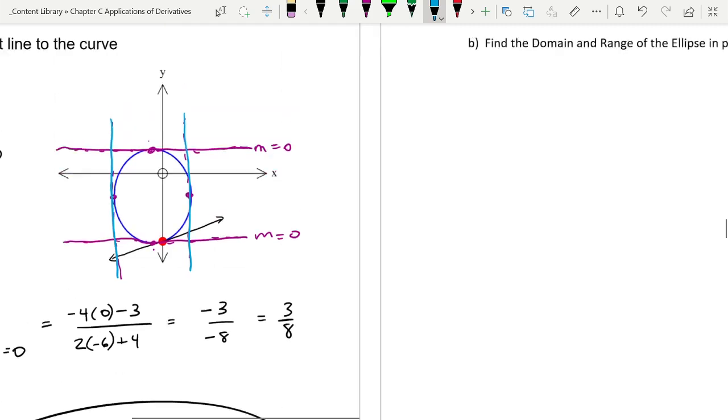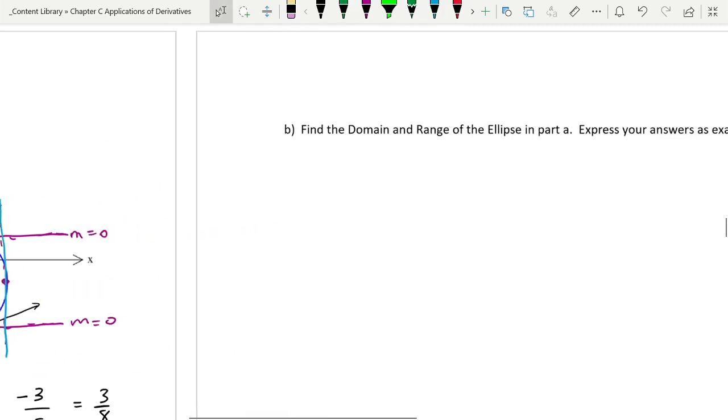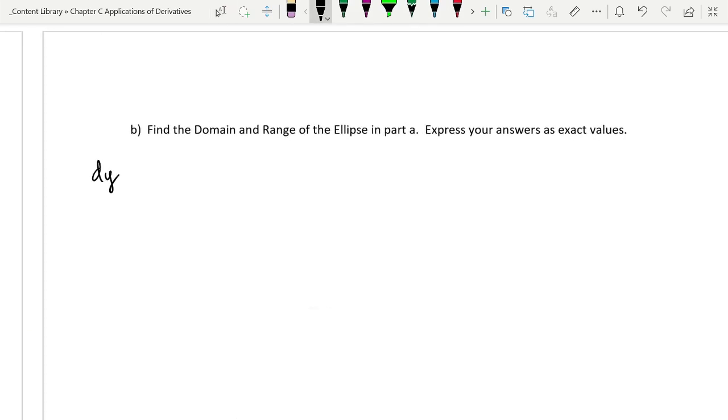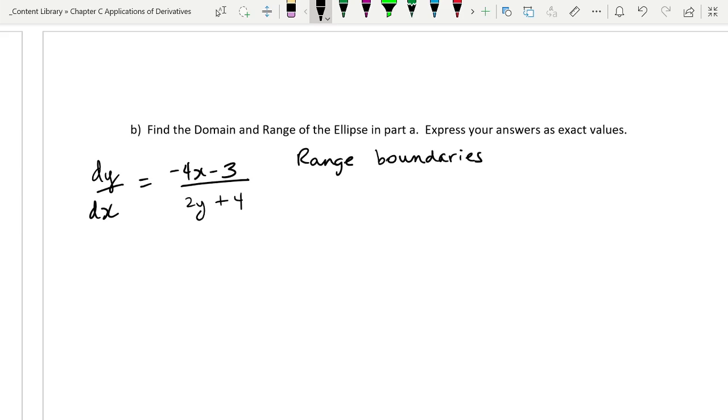So with that in mind, let's see if we can solve this. We actually already have an expression for the slope, right? dy/dx is equal to negative 4x minus 3 all over 2y plus 4. And to find range values, we'll do range first. So the range boundaries are when dy/dx is equal to 0.